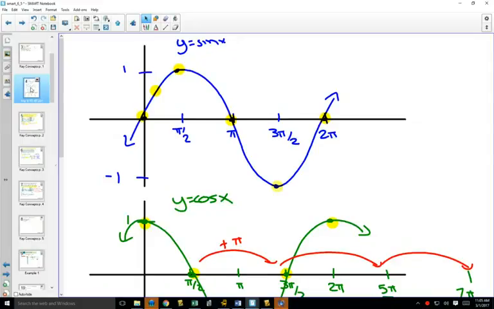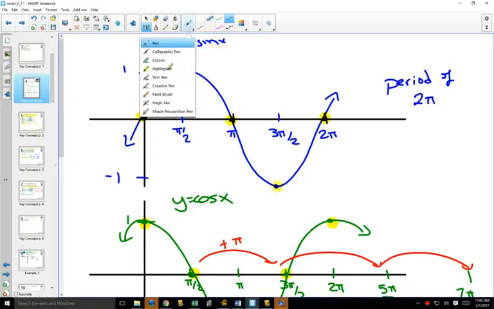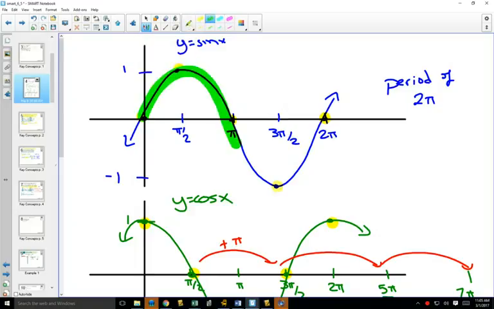It has a period of 2 pi because it takes 2 pi before it gets back to where it started. And this shape, which I'll highlight here in green, from there to there repeats itself over and over and over again. And the distance that it takes to repeat itself is 2 pi.